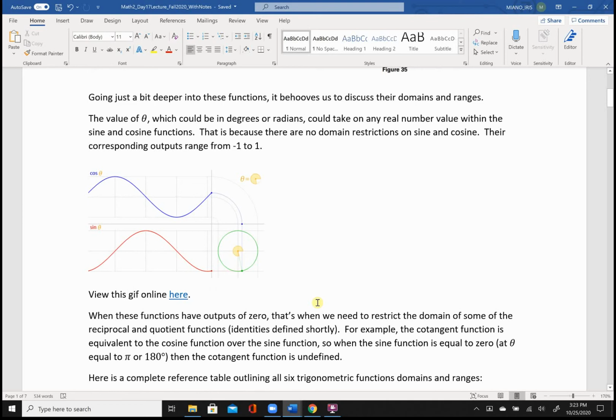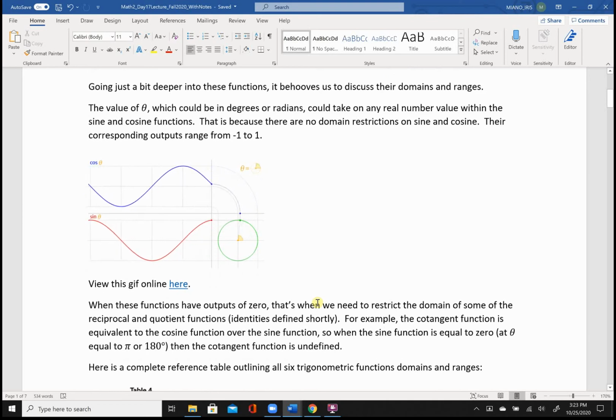But before we get too far into specific properties, it behooves us to talk about domains and ranges. So you'll notice that I have a fun GIF right here, which shows the sinusoidal waves for the sine function and the cosine function, and how it relates to the unit circle.